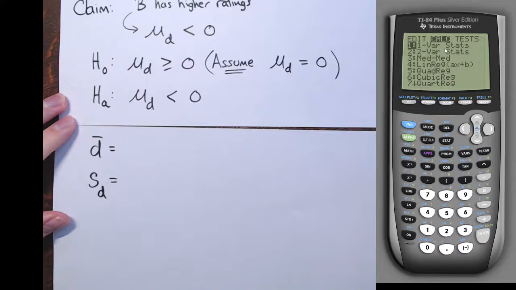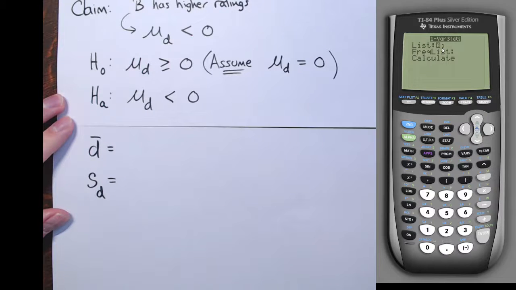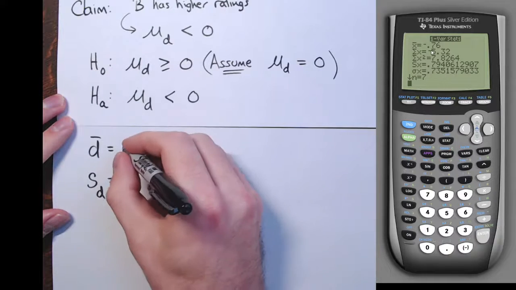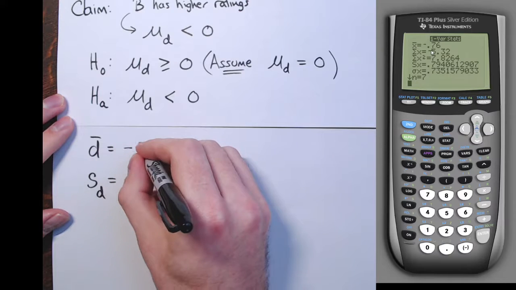So I can pull that up and go stat, over to calculate. And I'm only looking at that one list, the one list of differences. So I'm still using just one variable stats. I see it's already L3 here from an earlier problem I've done. But L3, just put in whatever list number you have the differences in, and there's no frequency list. So I just go calculate, and then the x bar, that's the d bar, negative 0.76.